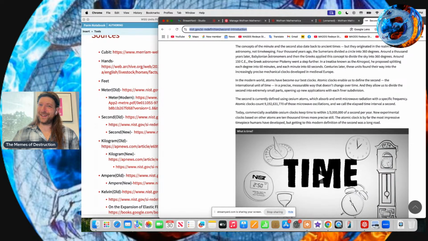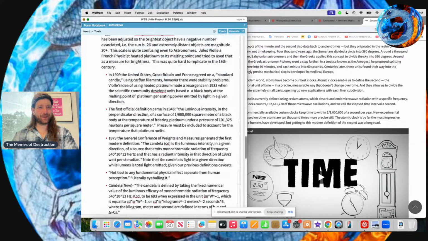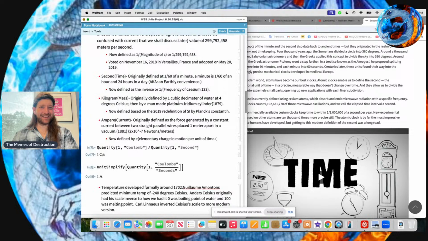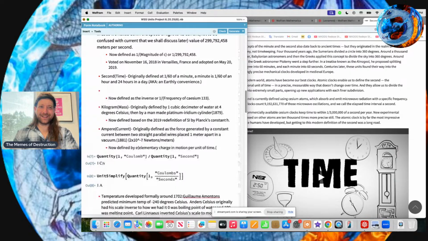The Sumerians divided the circle into 360 degrees, and around 1,000 years later applied this concept. Well, Professor Wolfram's big into concept space. So it was an earthly convenience.